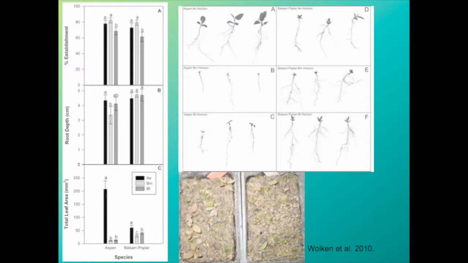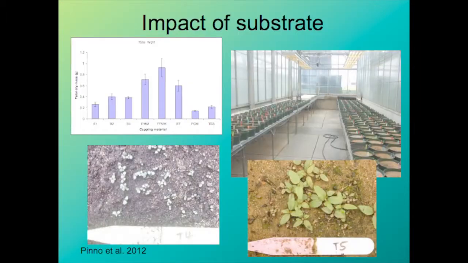What you get is very different depending on what the substrate is like. So the top is an AH horizon, then you have the BM and your BT, and on the left side is aspen, on the right side is balsam poplar. You can see balsam poplar doesn't really care. We see balsam poplar a lot more on reclamation sites than we do aspen, for example, as seedlings. Okay?